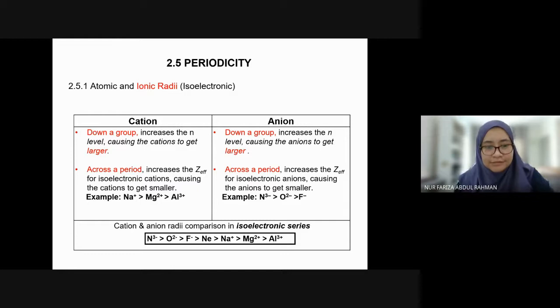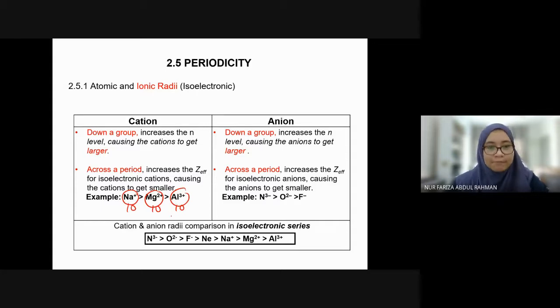Take for example cations: sodium plus, magnesium 2+, aluminium 3+. These three are isoelectronic with one another. Don't believe it? Go and check the number of electrons for the ions. Sodium 10, magnesium 2+ also 10, aluminium 3+, after 3 electrons have been removed, also 10. So they are isoelectronic. However, in terms of size, they differ.